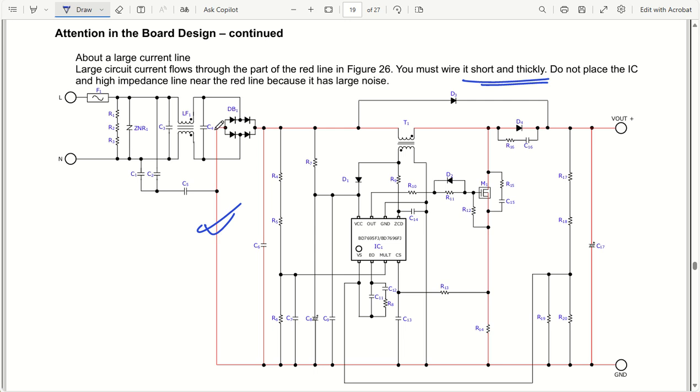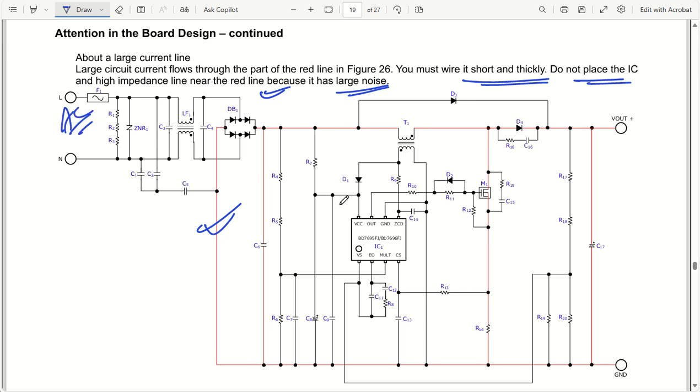So these lines marked in red must be a little thicker, as well as very short lines. And the IC and high impedance lines should not be placed near the red lines, because they have large current, or large noise also, because they are working with AC sources directly.